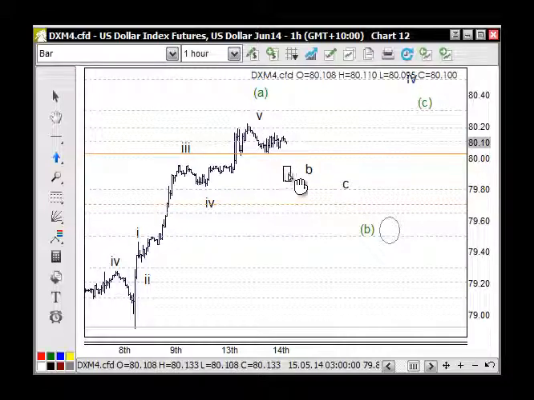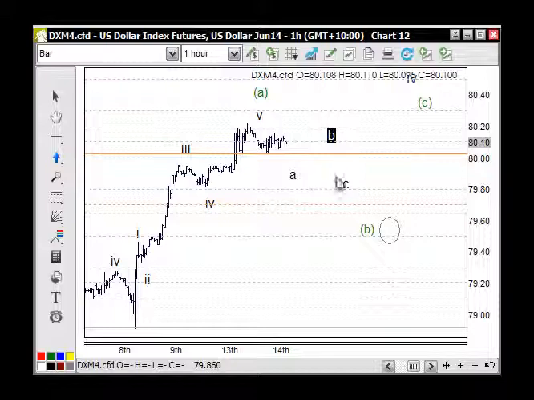The correction itself, we're looking for some type of three-wave corrective pattern that can pull back to 79.50, just depending on what announcements are made, and there'll be a few tonight for the global markets, being Thursday. So check on those.